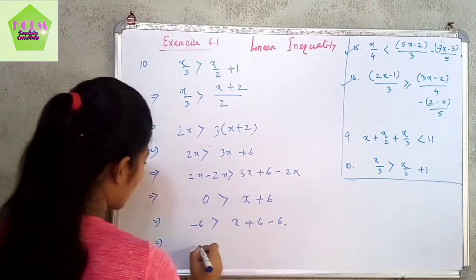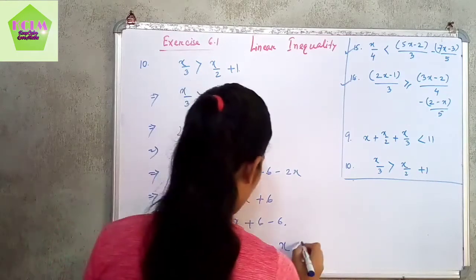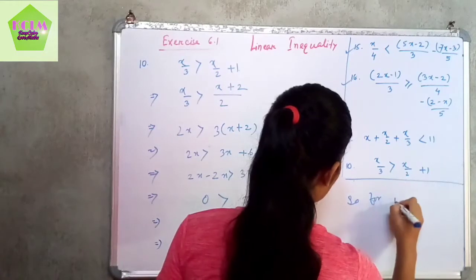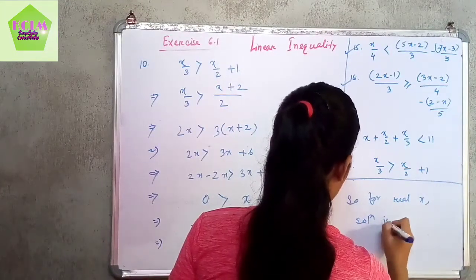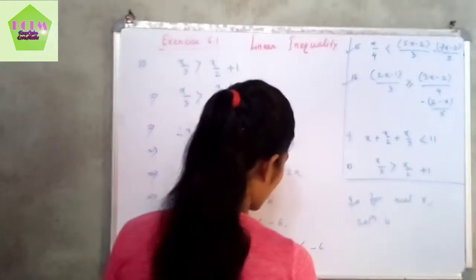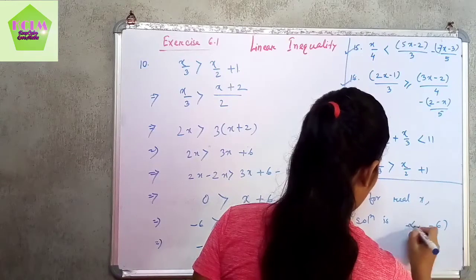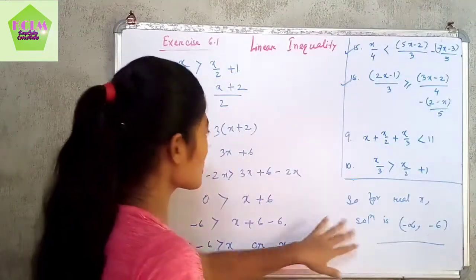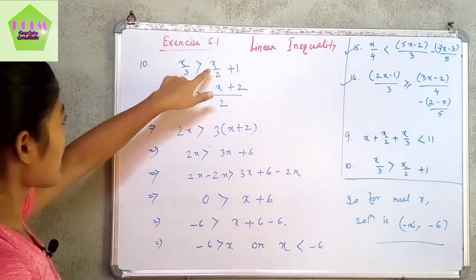And this is nothing but minus 6 is greater than x, or we can write x is less than minus 6. So for real x, the solution is, since the values are less than minus 6, the open interval minus infinity comma minus 6. So this is the solution for question number 10, that is x by 3 is greater than x by 2 plus 1.